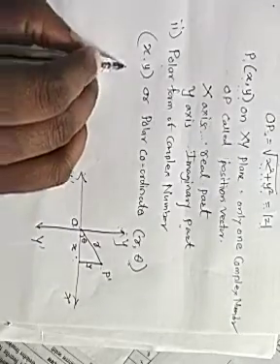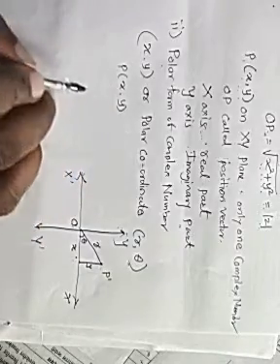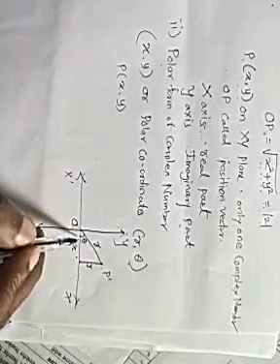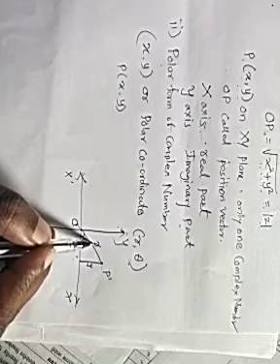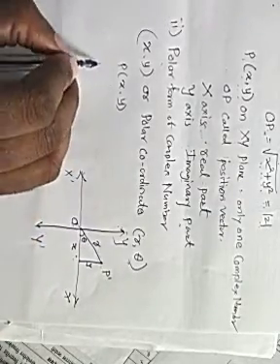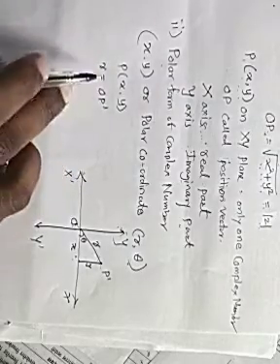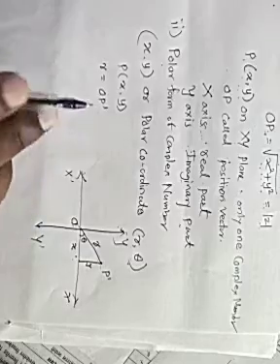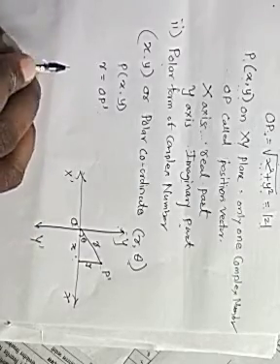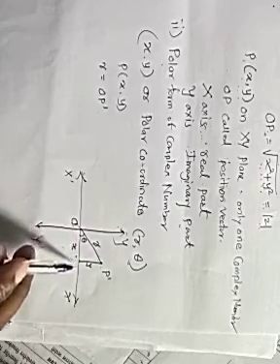So consider point P with x and y coordinates, at a small r distance from the origin. So r is equal to OP. Let theta be the angle made by r with the x-axis.